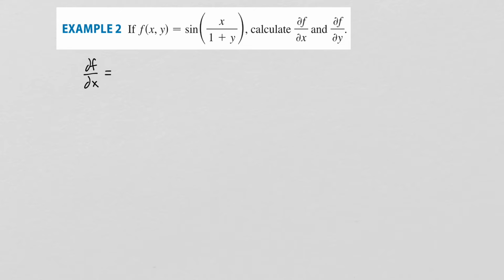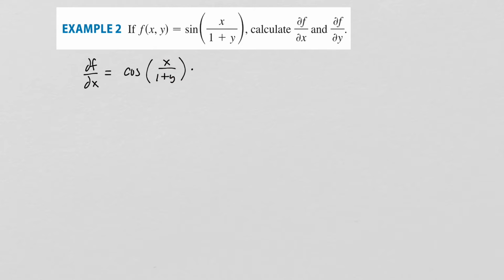Well, we know it would be cosine of that function. And then the chain rule says you have to multiply by the derivative of the inside of that function. Now again, since we're taking the derivative with respect to x, 1 plus y is a constant.